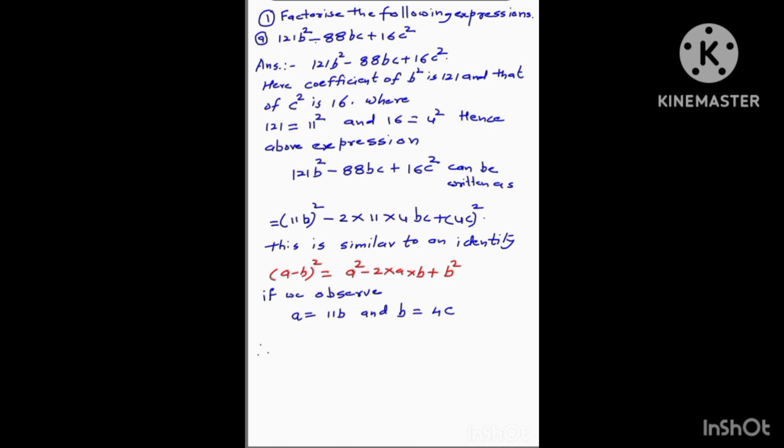I am writing it because you have to understand it, but you need not repeat all this writing in the exam. You have to save as much time as you can. So (11b) square minus 2 into 11 into 4 into bc plus (4c) square is equal to (11b minus 4c) whole square. These are your factors. Only highlight this, don't write the word factor there.